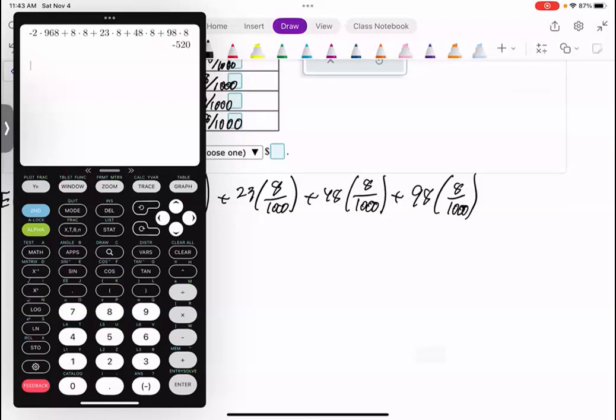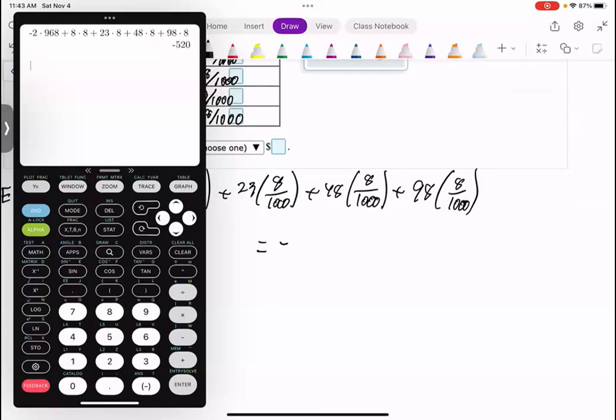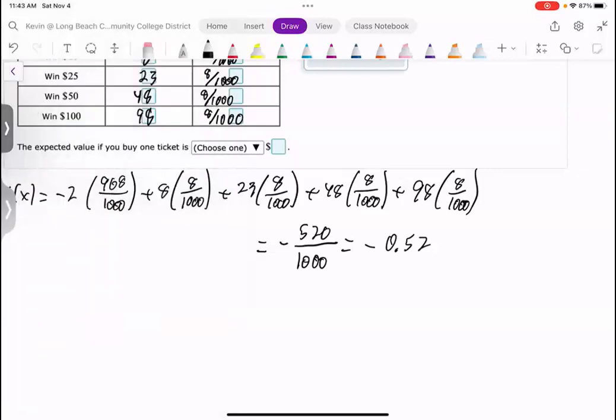There's my numerator. The denominator for all of them is 1,000. And when I divide that out, I get negative 0.52. And that is not looking good. Here's our expected value. We're going to be down 52 cents on average.